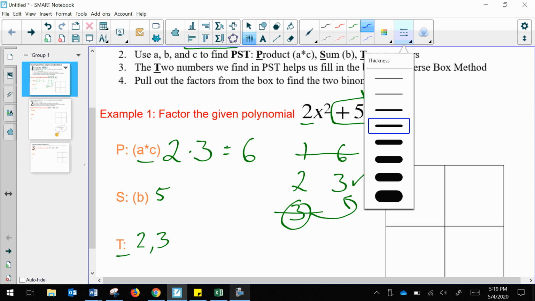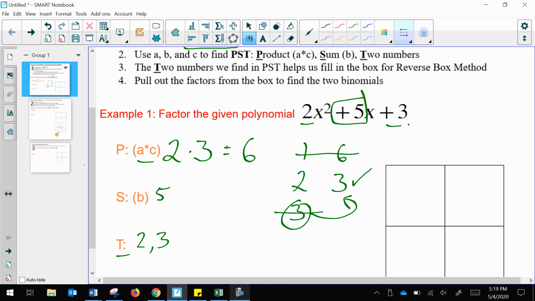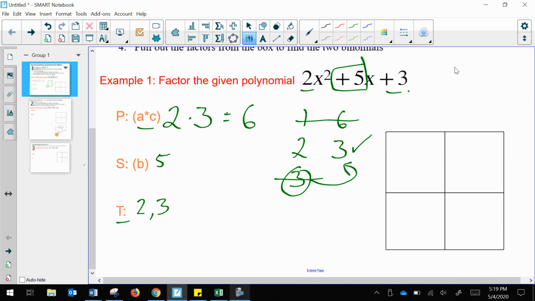Now this is where we go to fill in our box. On the top left here, I'm going to simply put in my first term, that 2x squared. The bottom right, I'm going to put in my last term, my plus 3.